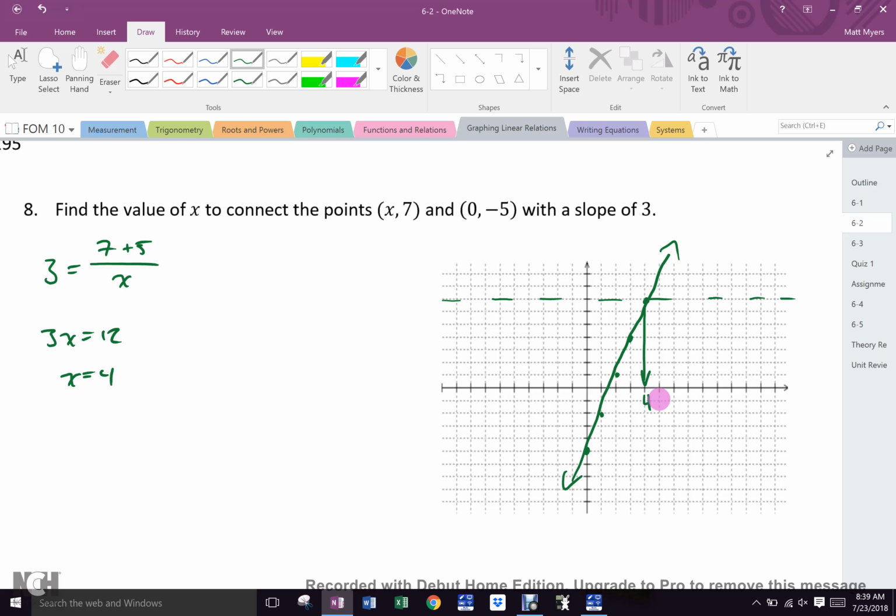All right. There it is. Oh, who has an answer? What is it? It is 4.